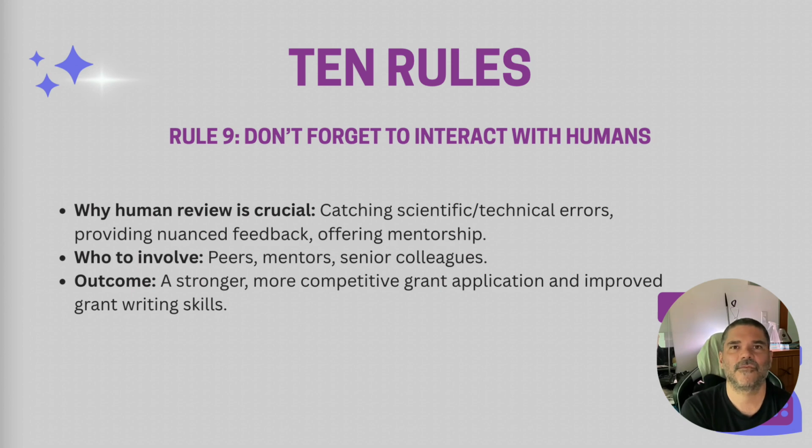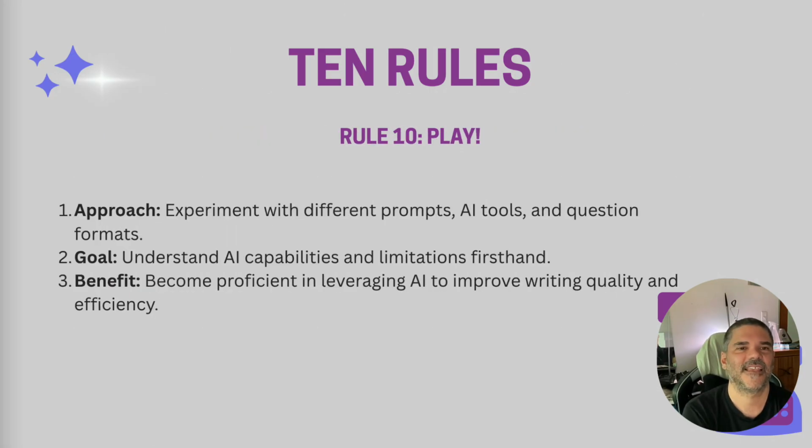Get involved with your peers, with mentors, with senior colleagues who may have written grants before, or reach out to another grant writer and ask them to look over your work if they're in the same sort of field. This will make sure that you have a stronger, more competitive grant application, and it's also going to improve your grant writing skills.